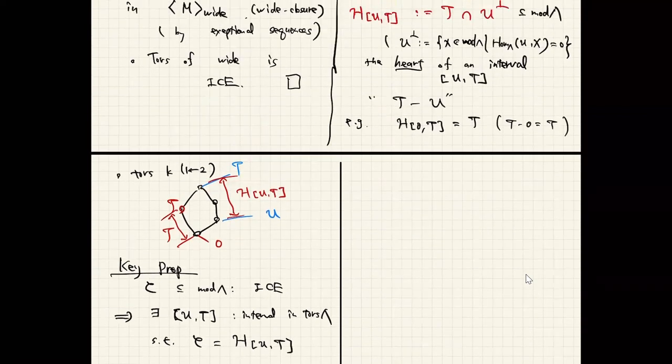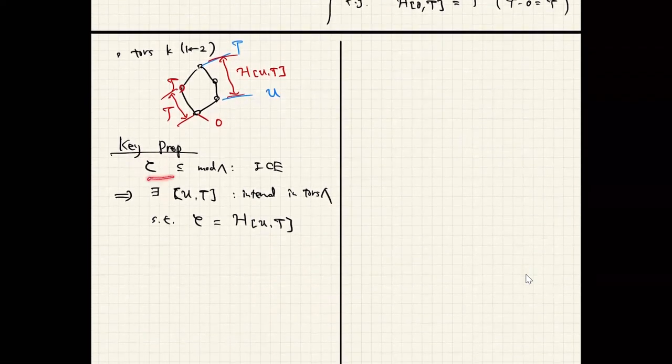So H_UT is T ∩ U^⊥. This observation says that every ICE-closed subcategory can be realized as a heart of some interval of torsion classes. In general, the converse implication doesn't hold. There are many intervals whose heart is not ICE-closed.